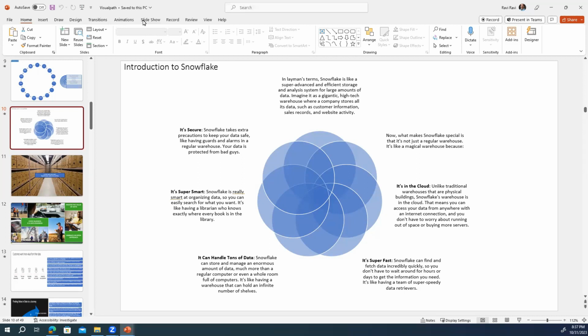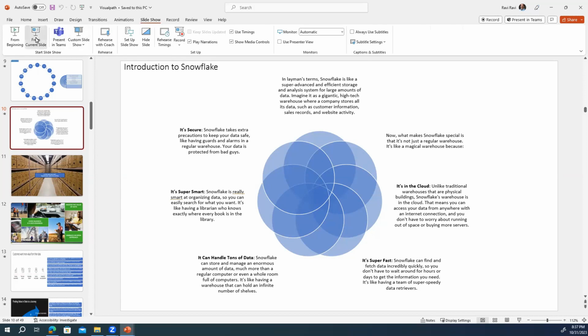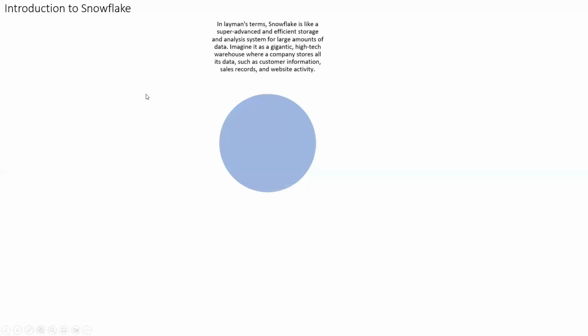So what is this Snowflake? First thing I told you is that Snowflake is an efficient storage and analysis system. That means it is basically a data warehouse that supports your reporting, analytics, and advanced analytics.